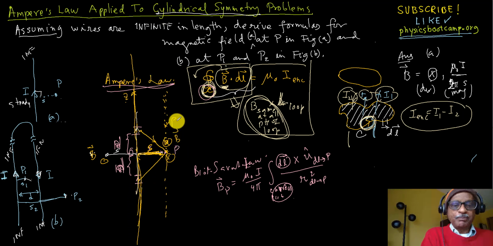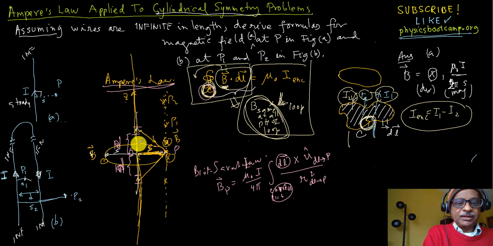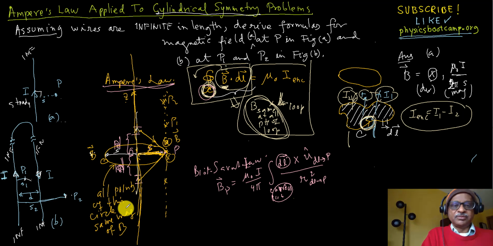This P, P1, P2, all of these are going to have the same magnitude of magnetic field, which means if I go in a circle around here, at all points of this circle there is the same magnitude of B, right?